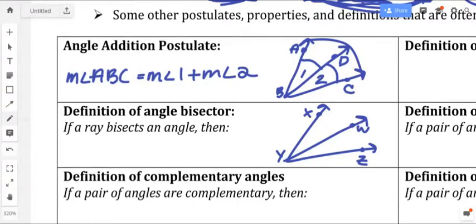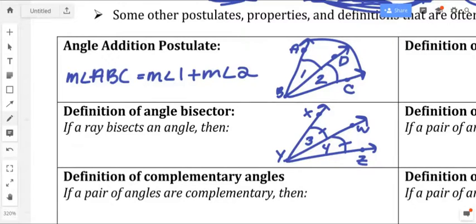So if I said ray YW bisects this angle, we should remember that bisect means to cut in half. So that would make these two angles congruent. So let's call them 3 and 4. So if I said ray YW bisects angle XYZ, what would happen in the next step is it would say angle 3 is congruent to angle 4.